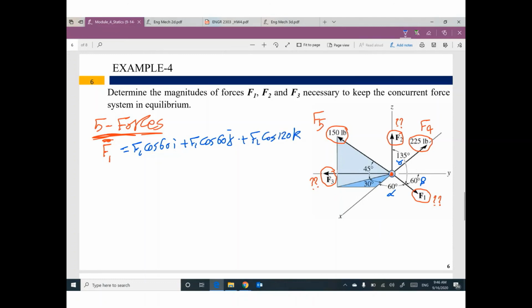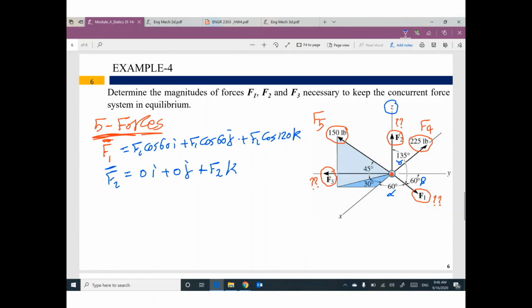What about F2? F2 as a vector, no need for anything because F2 is very simple. F2 is in the same direction as the Z axis. So we have 0 I, 0 J, and positive F2 K.